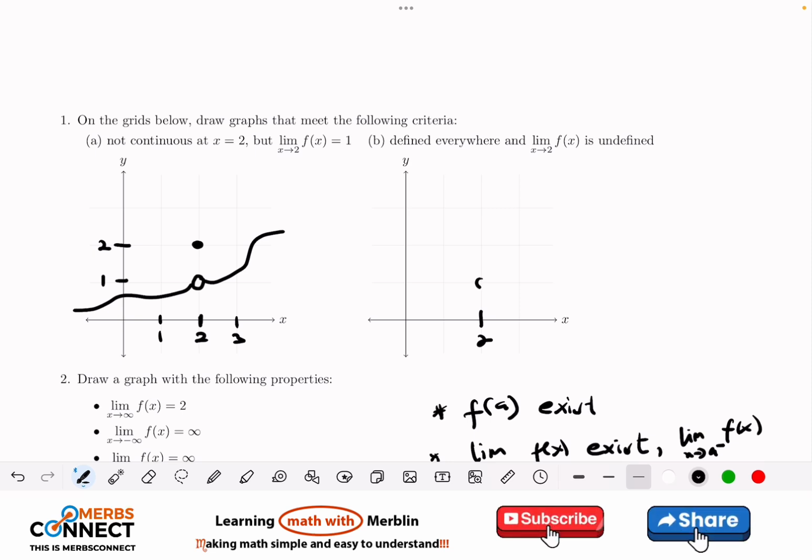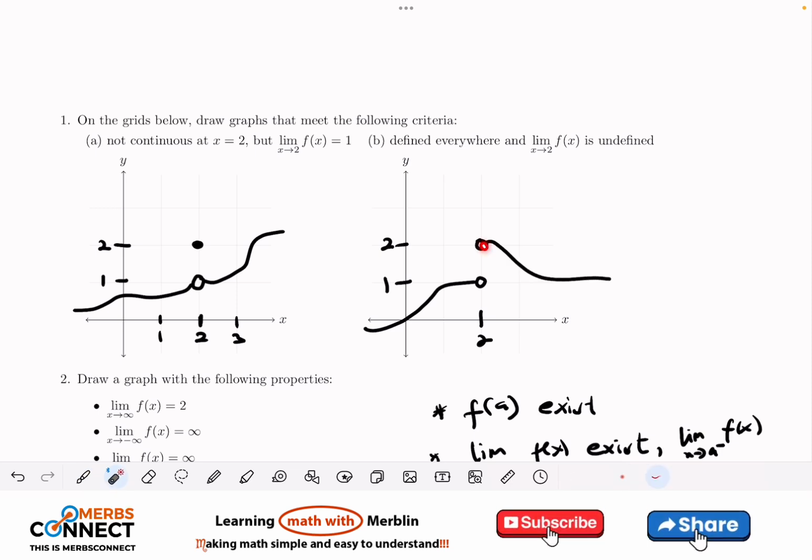So I can say that from the left I have 1, and then from the right I have 2. So if from the left I'm having 1, then from the right I'm going this way. So this tells us that there is a jump discontinuity here, telling us that the limit is undefined, meaning that the left is giving us 1, and then the right is also giving us what? 2.